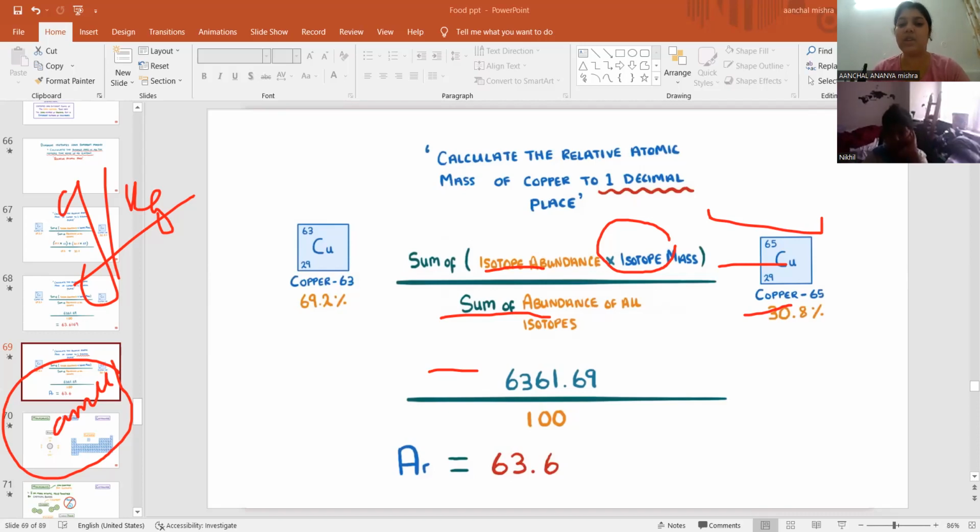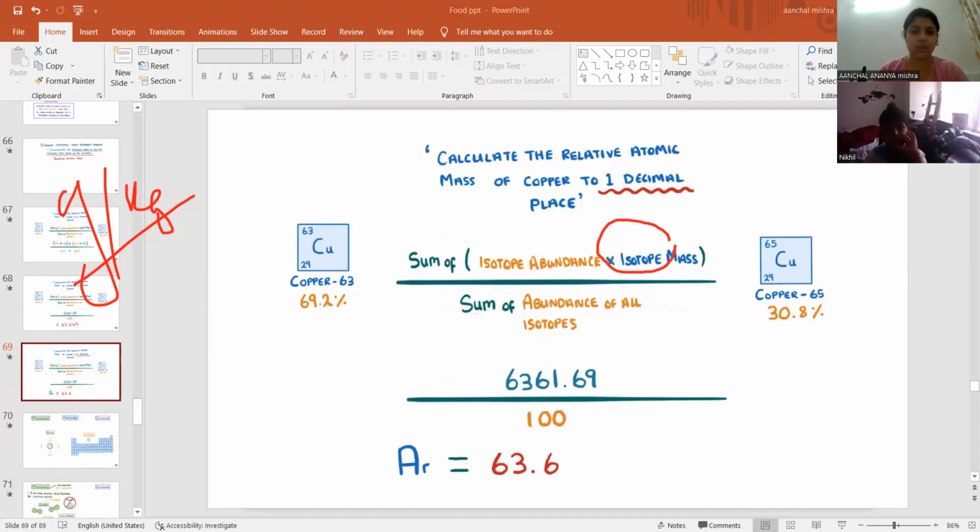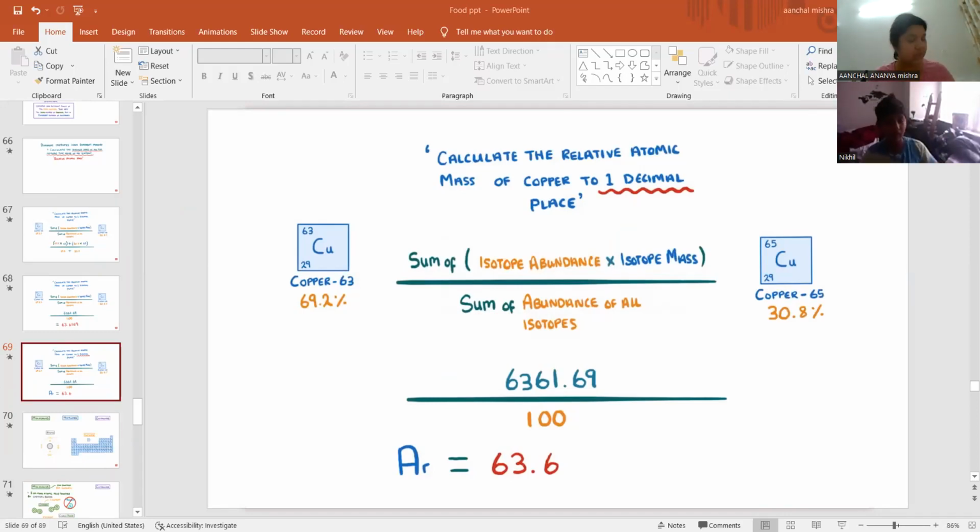Did you get the question or not? Yeah. So can we do this question? Okay, just try doing it. Can you write the numbers like how copper is written?